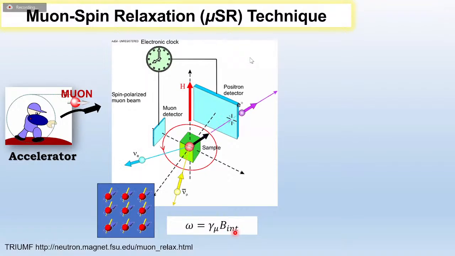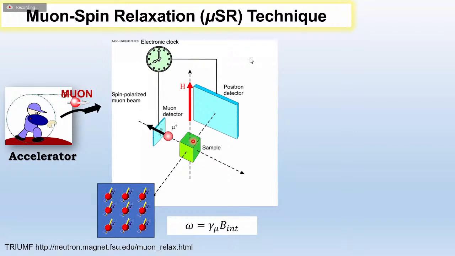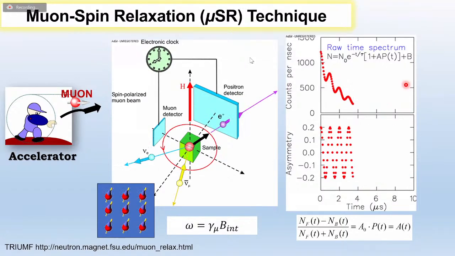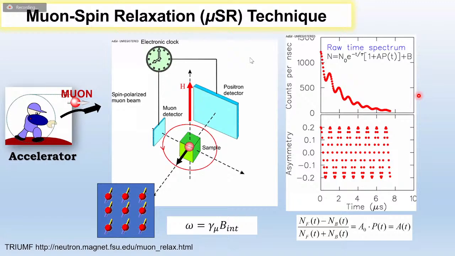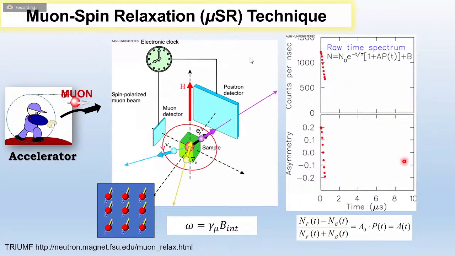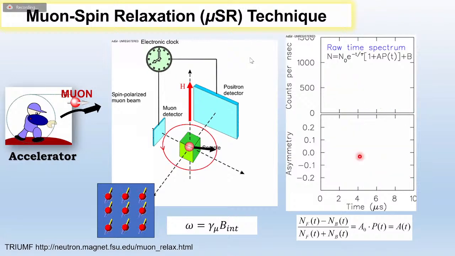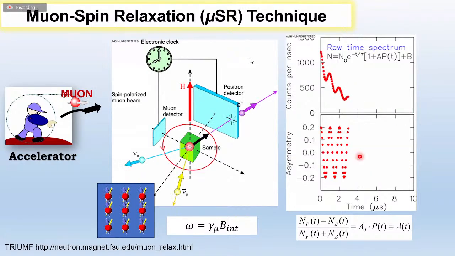So the muon can feel the internal field of the sample. After 2.2 microseconds, the muon will decay into a positron, which is detected by positron detectors. It will accumulate as a time histogram, and the time histogram will be transformed into asymmetry versus time. So this is the data that we will get after performing mu-SR experiments.